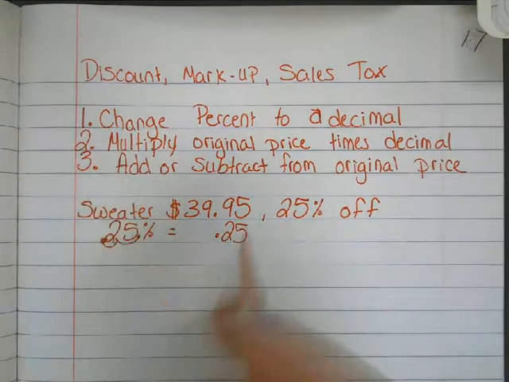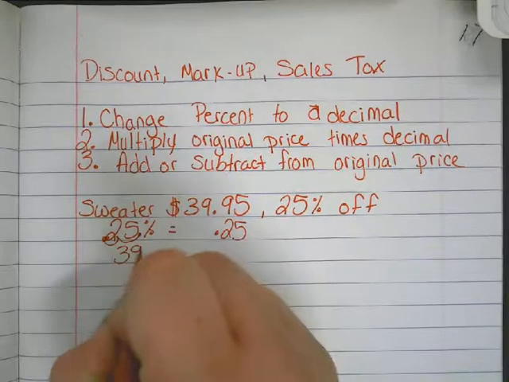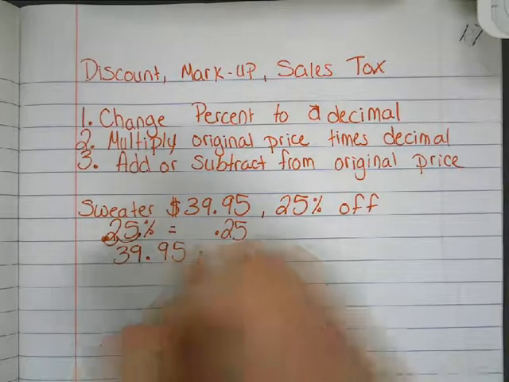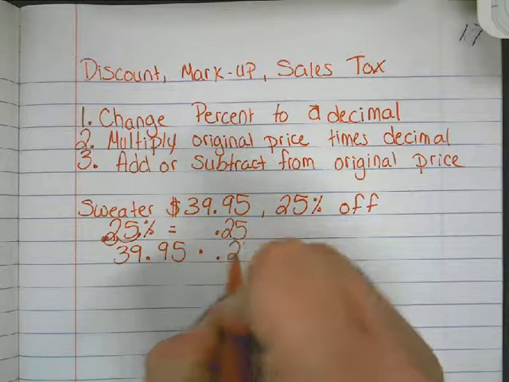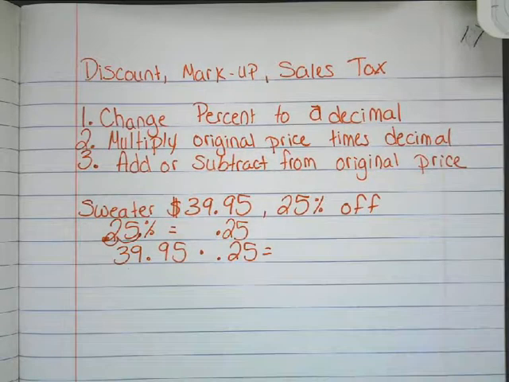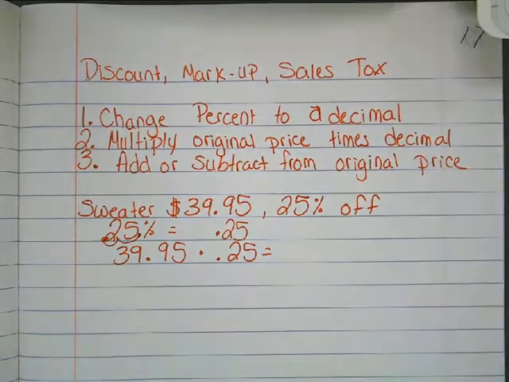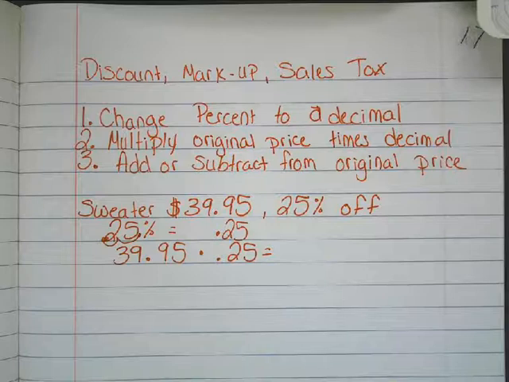So I'm taking 39.95 times 0.25. So on your calculator, take 39.95 times 0.25. And we're talking money, so you need to estimate it to the nearest cent.